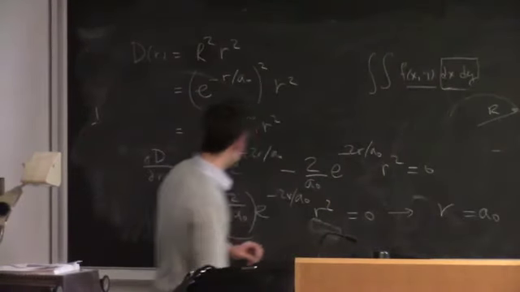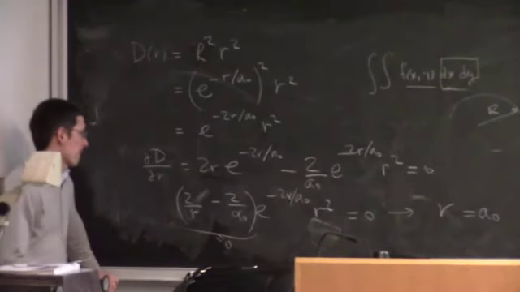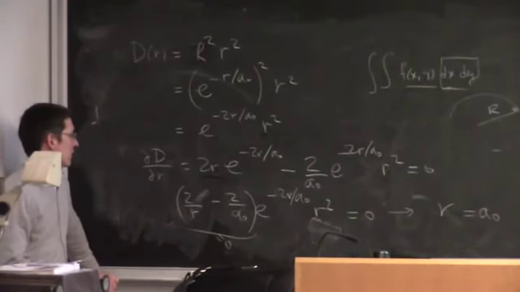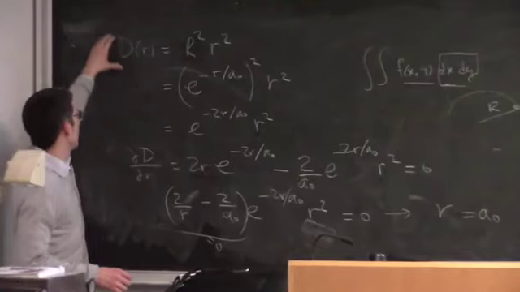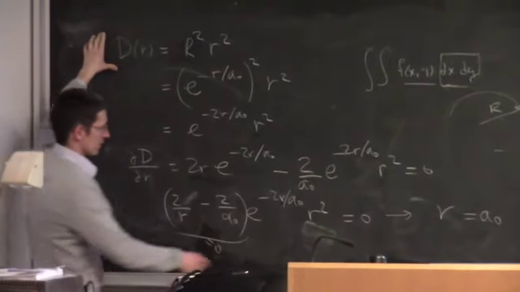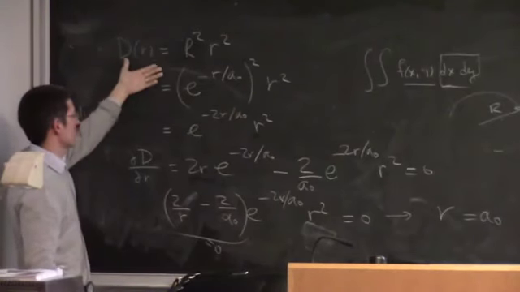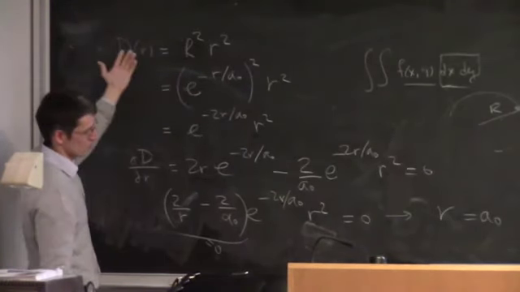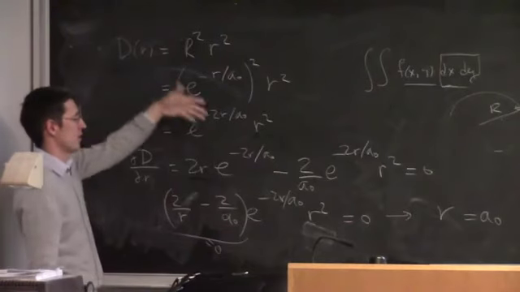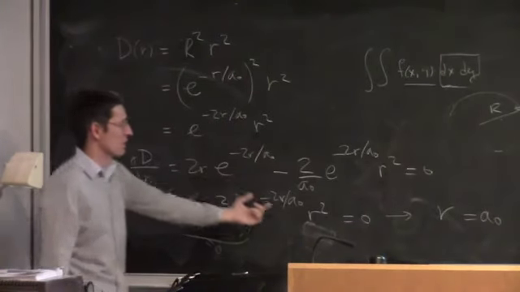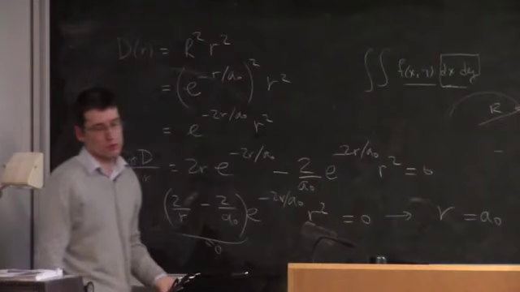And physically, we know that if r is infinite, then this function is 0, so the maximum cannot be at infinity. Also, the maximum cannot be at r equals 0.